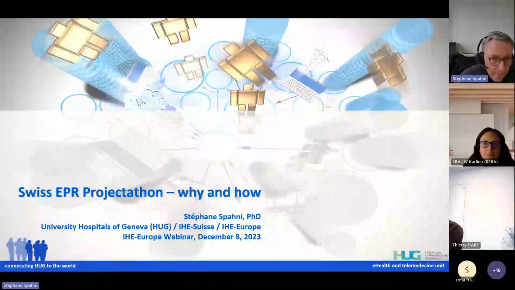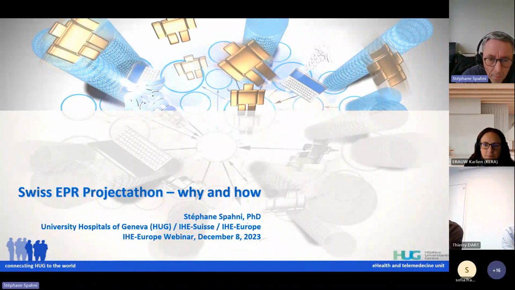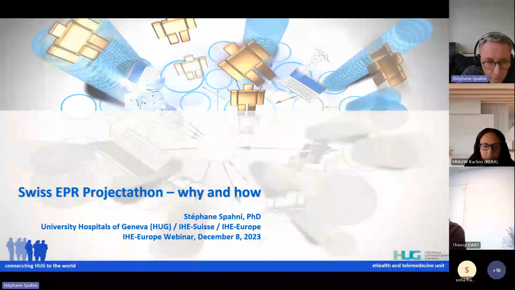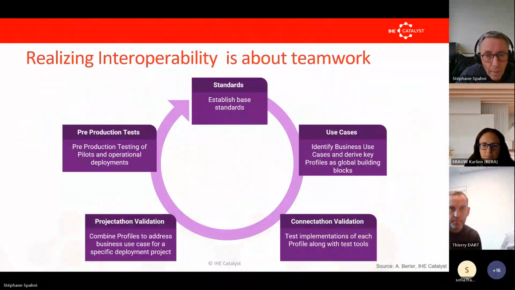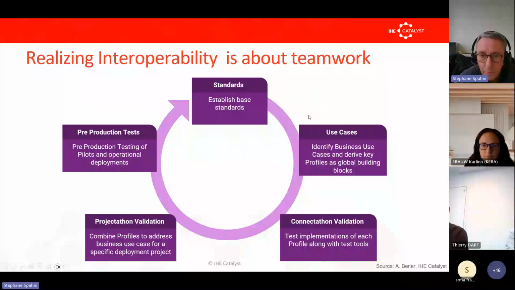Good afternoon, everybody. So I will present first a bit the projectathons and then move to what we do in Switzerland in this regard. If you look at some key steps when you are making a project, the key ones more related to IHE, you have to select the standards, you define the use cases, and out of that you can start your implementation.